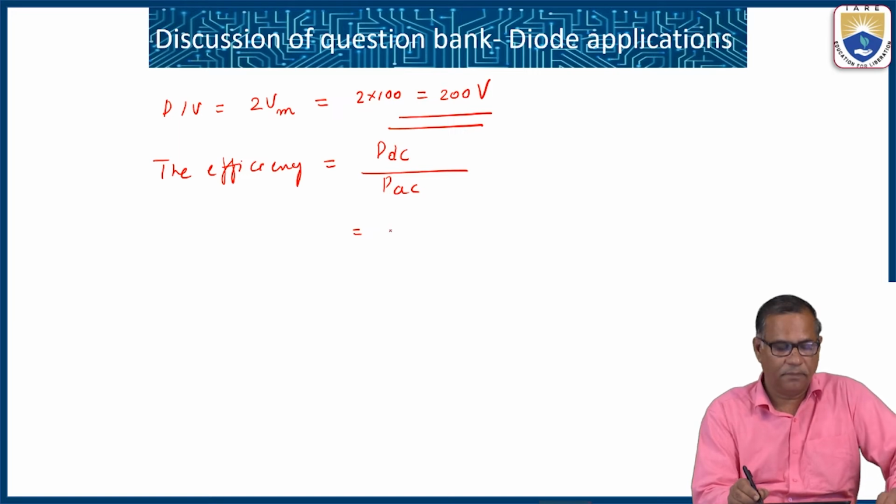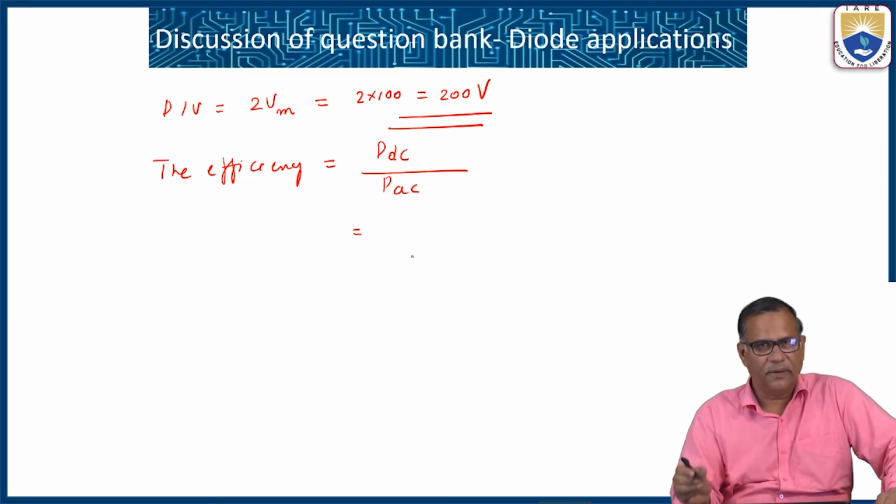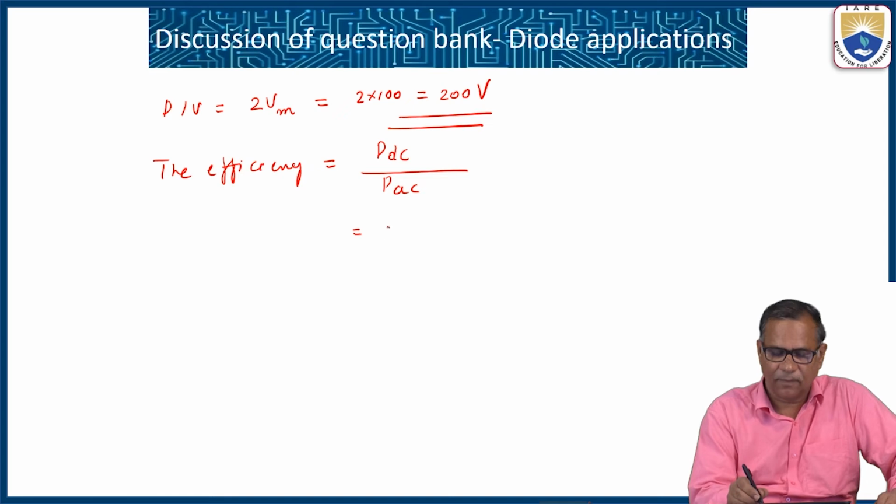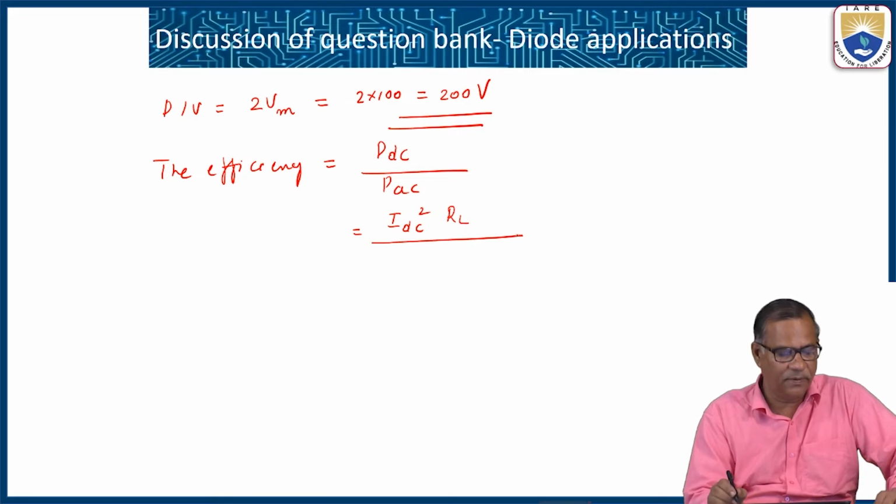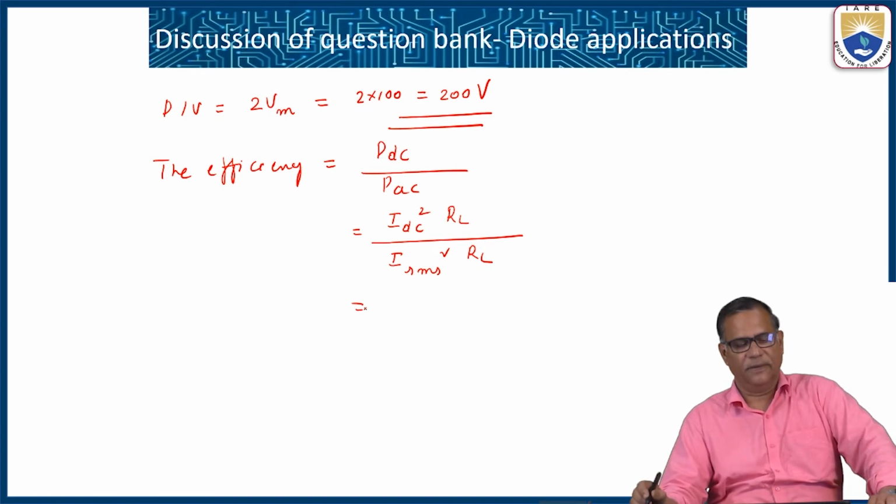So what is PDC? IDC square multiplied by the load resistance. And what is the AC power? IRMS square multiplied by the load resistance.